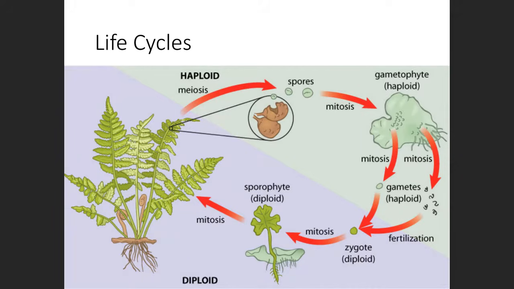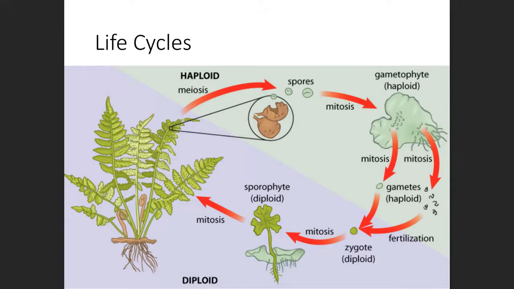You have a sporophyte generation or a diploid generation, and then you have a haploid generation. And typically you're asked which part produces cells by meiosis, which part produces cells by mitosis, and be able to identify them. In which part of the diagram do we see genetic variation, for example?